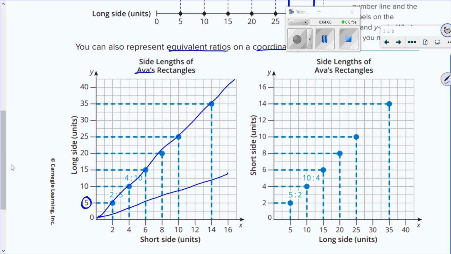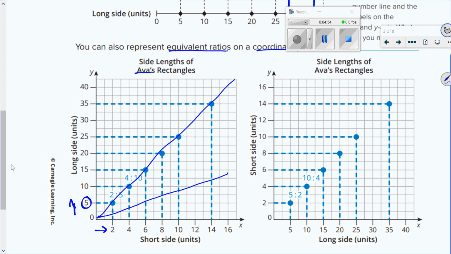Is it okay that they went by 5 on the y-axis but 2 on the x-axis? Yes, that's okay. The whole key is once I start an interval on each axis, I have to maintain that interval. So they started at 5, but then they went up by 5, so that's okay. They started at 2, but went up by 2, so that's okay. It doesn't have to be the same intervals on each one, but once I start an interval on one of the axes, I have to maintain that interval.